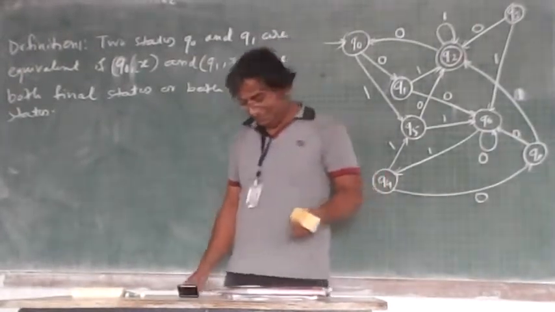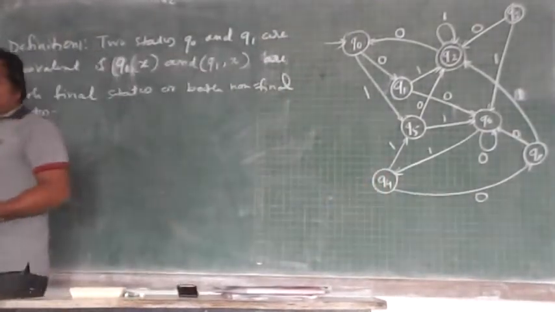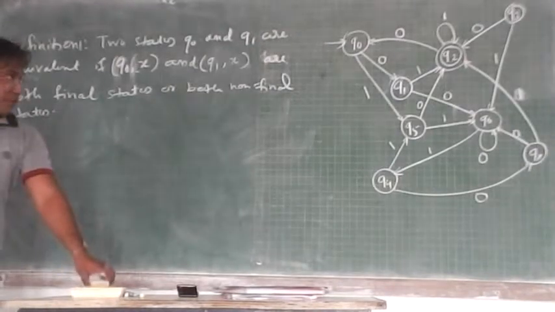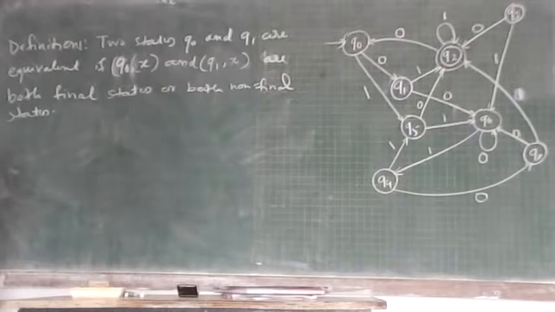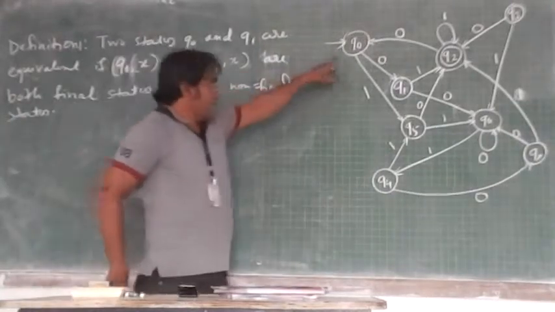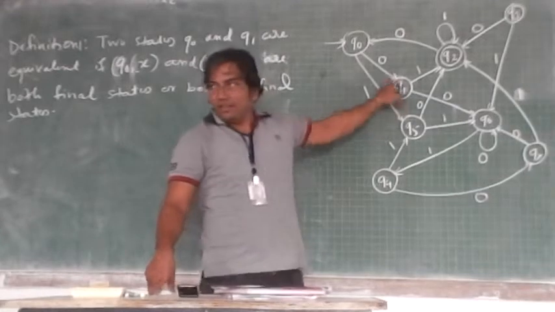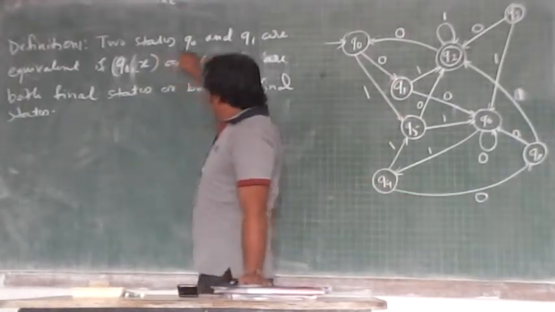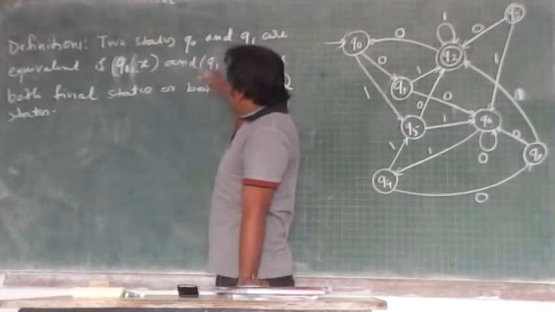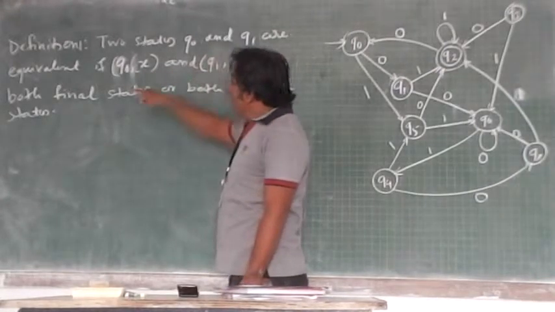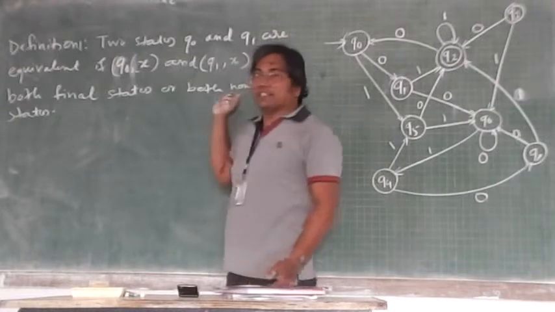Good. Here I needed some information from this finite automaton for the purpose of minimization. I want to see how I can say two states are equivalent. This definition says two states Q0, Q1 are equivalent if Q0x and Q1x are both final or both non-final states.